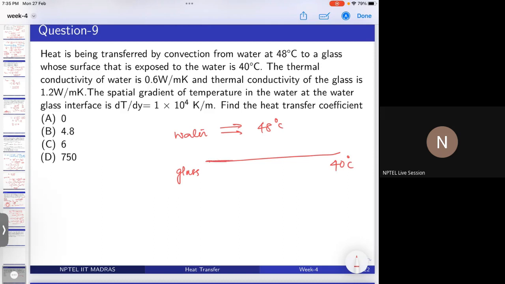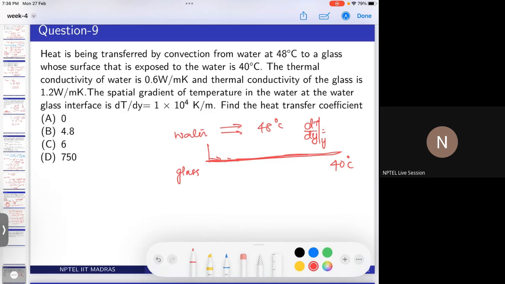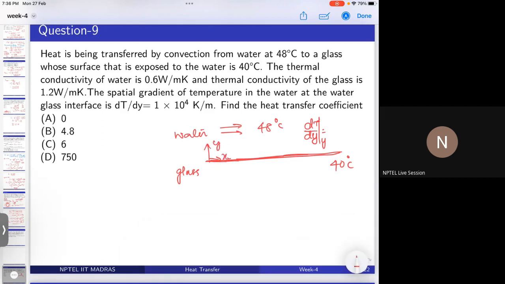The surface of the glass is at 40 degrees Celsius. And the temperature gradient, that is dT by dy, in the water at the water-glass interface, which means y equal to 0, is given as 1 into 10 raised to 4.